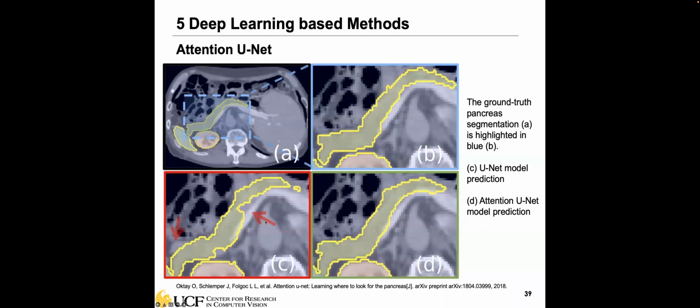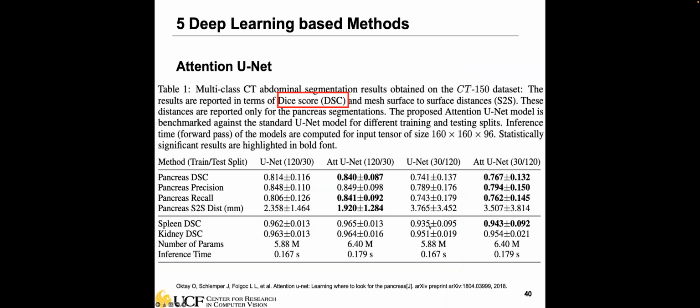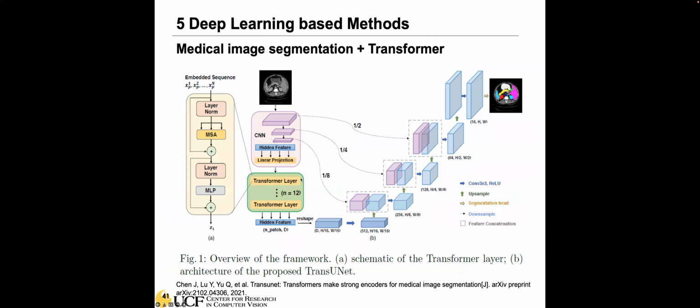This red arrow indicates some of the regions where Attention U-Net did a better job than the U-Net, as compared to the ground truth here. And this one shows the quantitative result in terms of the DICE score. Attention U-Net achieves a better DICE score as compared to the original U-Net.